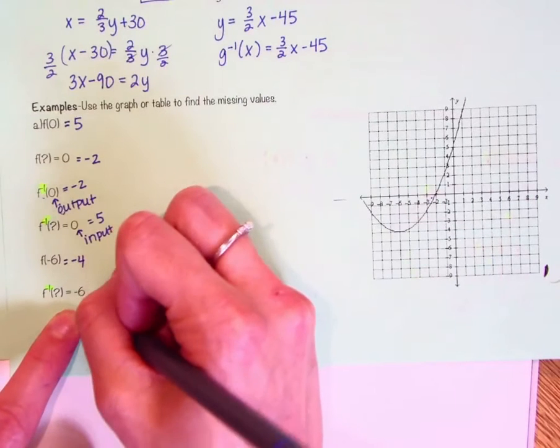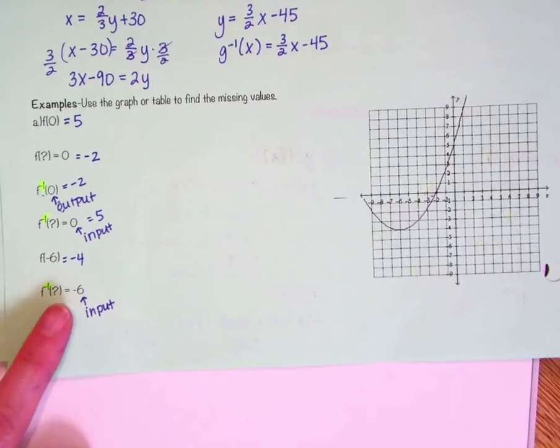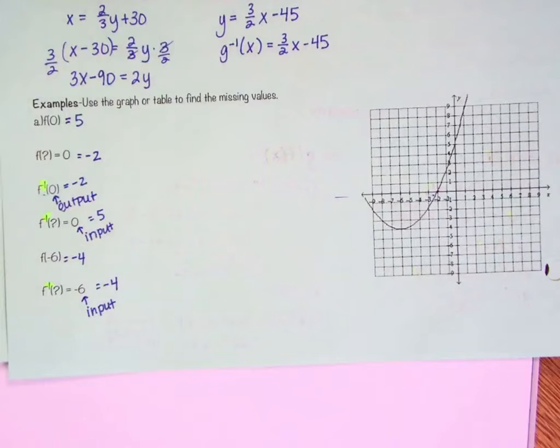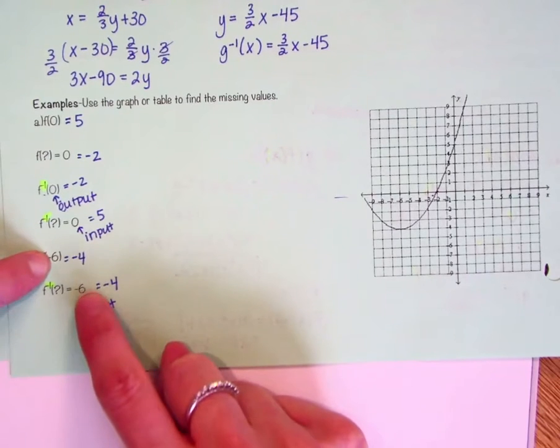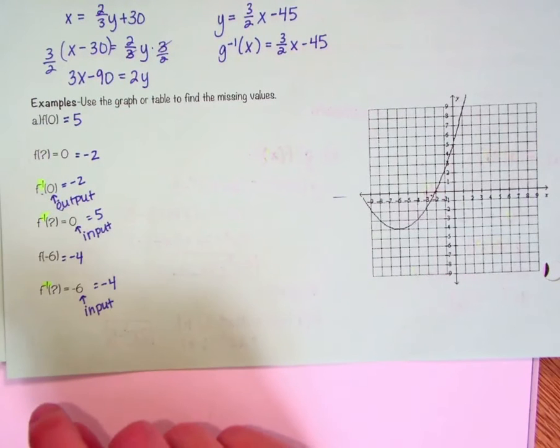Okay, so the domain of the inverse is the range of the original and vice versa. However, they are not always necessarily going to be exactly the same depending on what kind of function you are looking at. So let's just take a look at 2a.